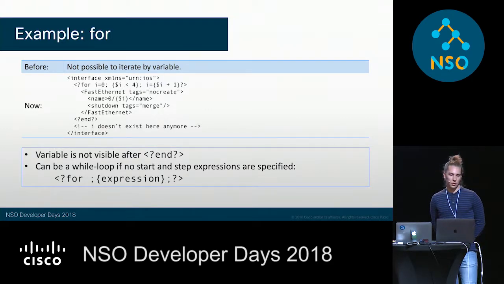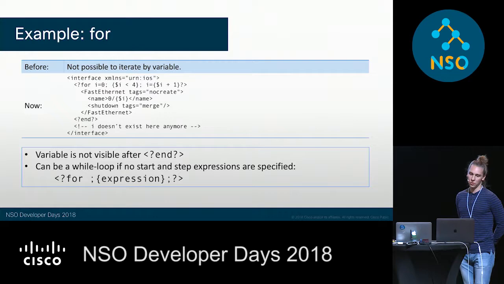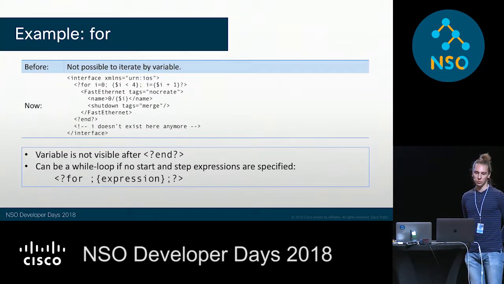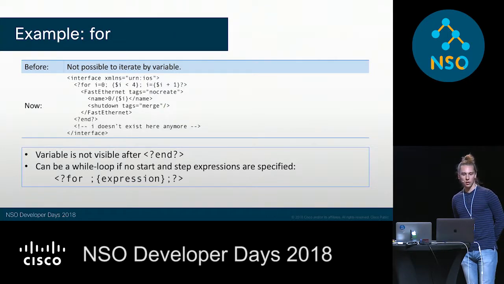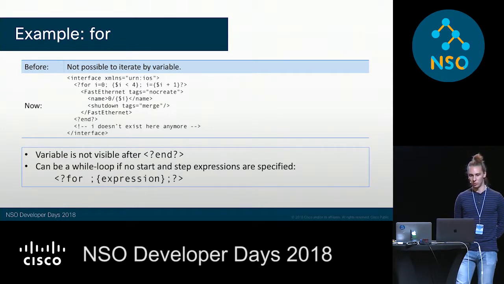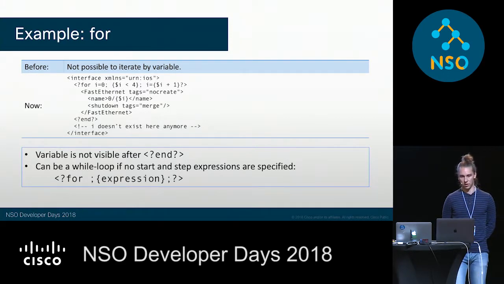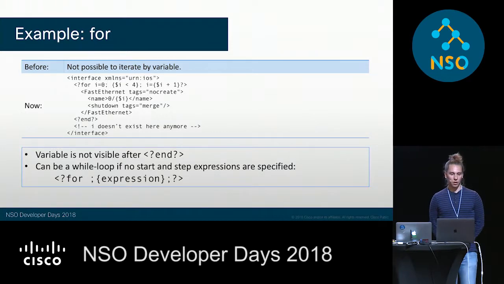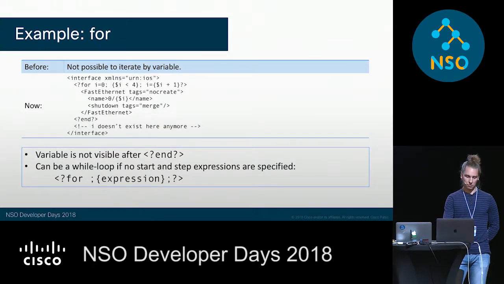The variable is declared when the loop opens in the initial step, and it is erased after the loop has finished, so it doesn't exist after the loop. And you may skip the variable and have a while loop instead by omitting the initial and the step parts.